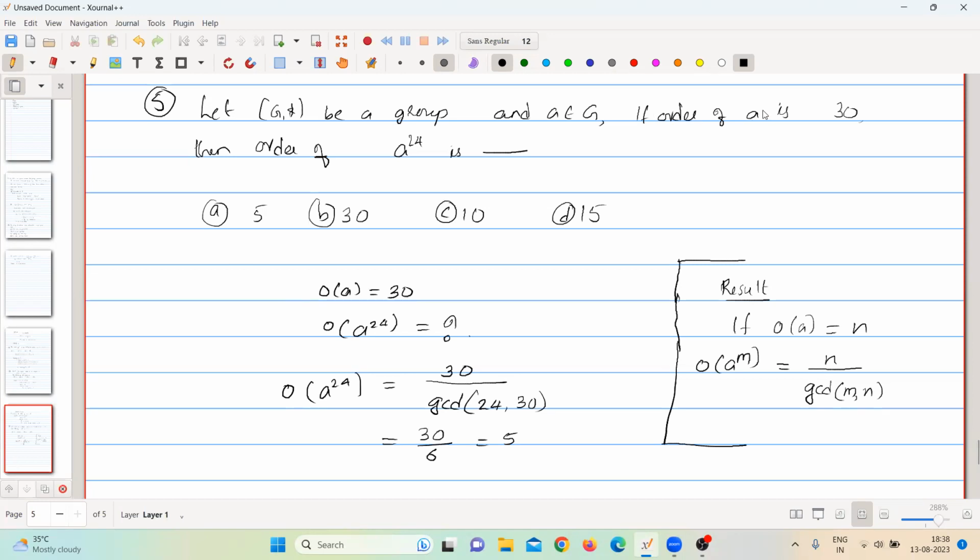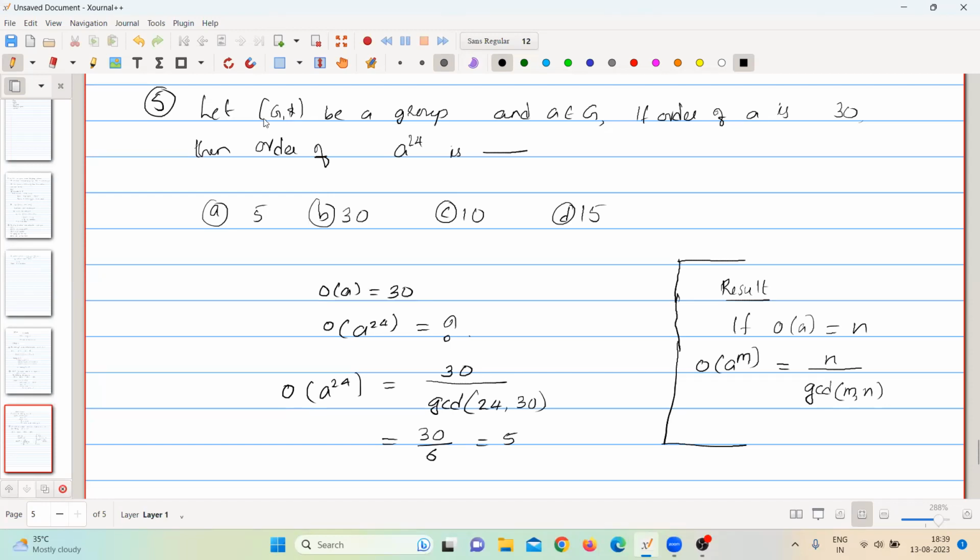In general, if some set is given and the order of an element is given, we can find the order of a power 24 using this formula or by substitution. But here G is not a known group.